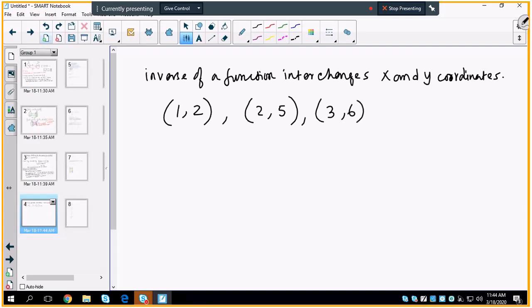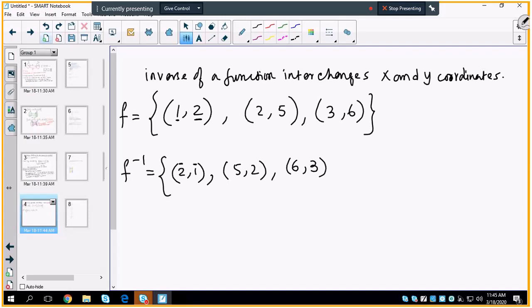We have established that this is a 1-to-1 function. So if you call this function f, then the inverse of the function is going to interchange or switch your x and y coordinates. So the inverse function will be given by (2, 1), so that whatever was the output is now the input, and whatever was the input is now the output. (5, 2), (6, 3). When I switch around all the x and y coordinates, I get the inverse of the function.